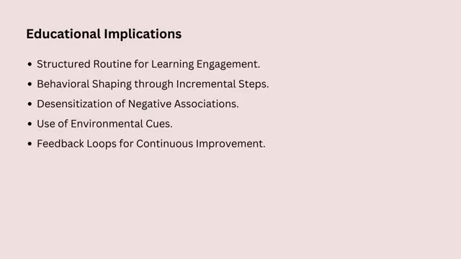For example, if a student answers a math problem incorrectly, instead of just marking it as wrong and moving on, the teacher could say, "You got the first step right, but check how you added these numbers in the next step." This kind of immediate feedback helps the student see what they did well and what they need to fix, reinforcing the right way to approach problems. Over time, this practice helps shape better learning habits.